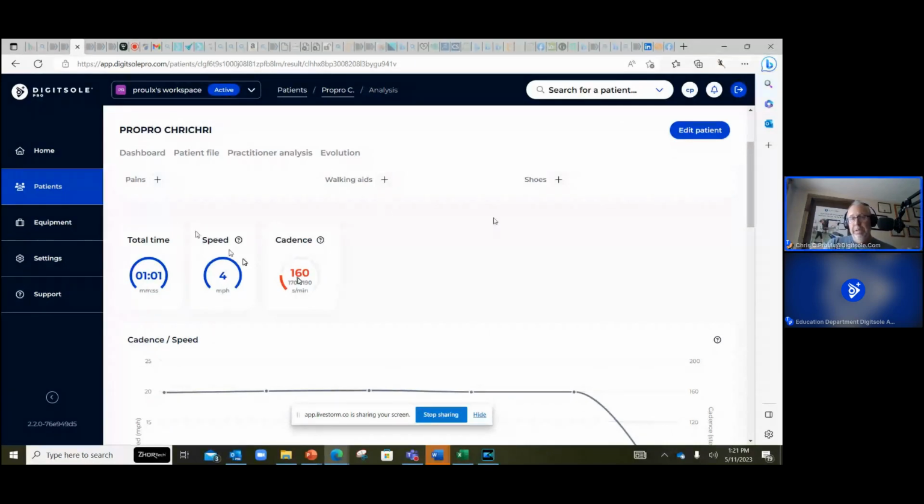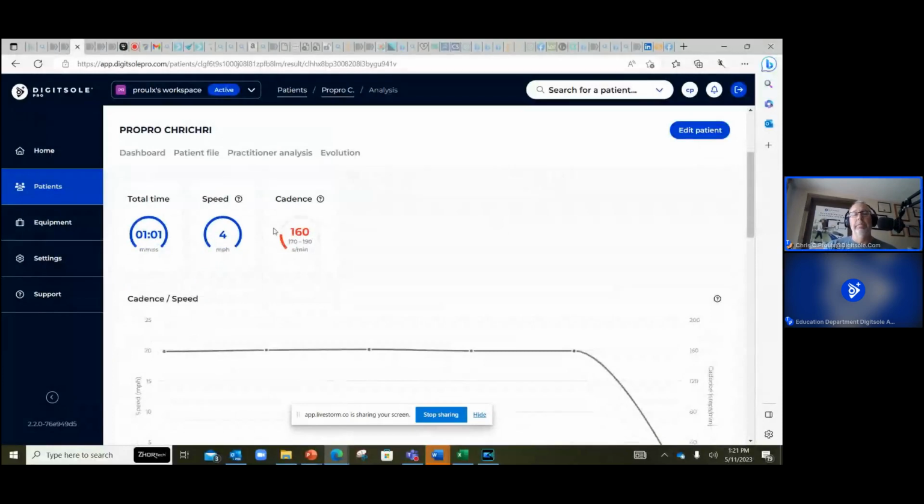That usually means a faster cadence and/or a longer stride with a reduced stride duration, which obviously has an impact on that cadence. So that tells me we could do something about that.